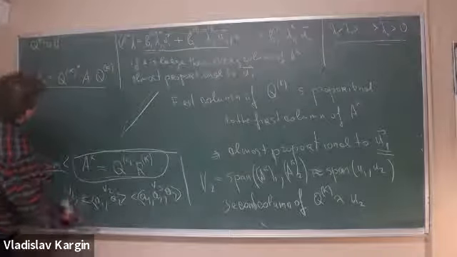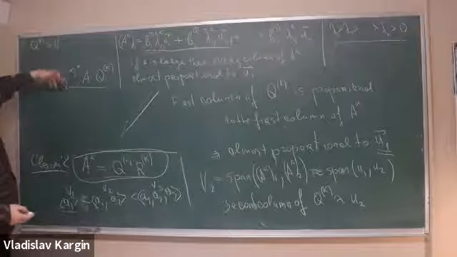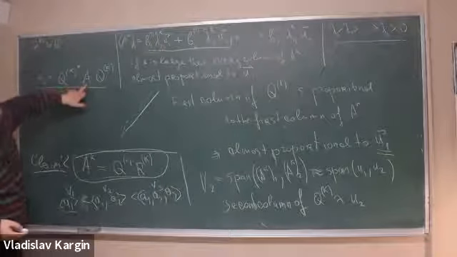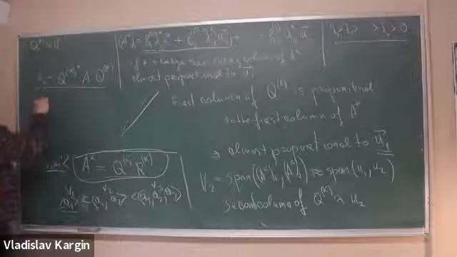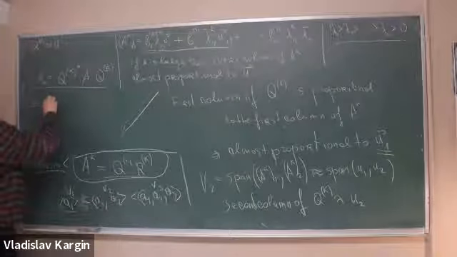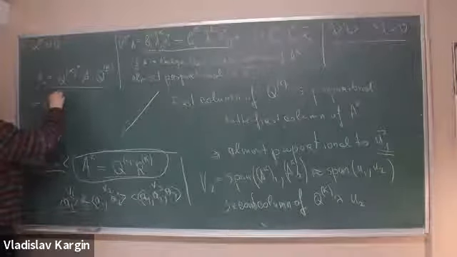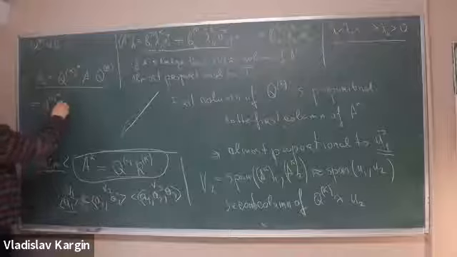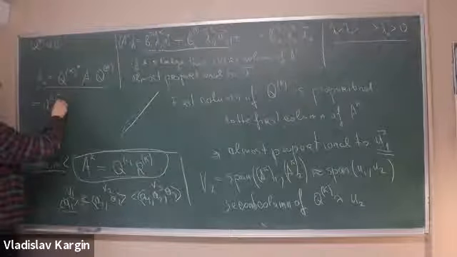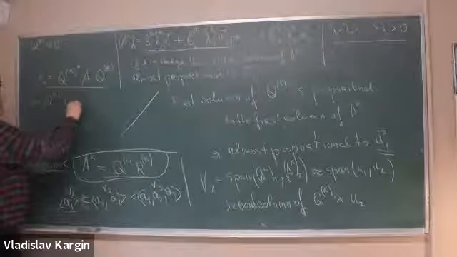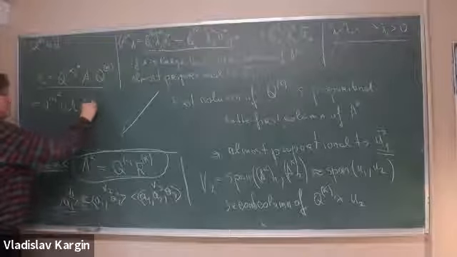A is equal to U lambda U star, so this is QK star U lambda U star QK.